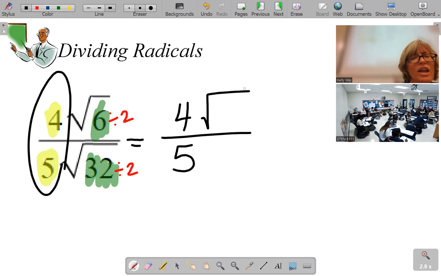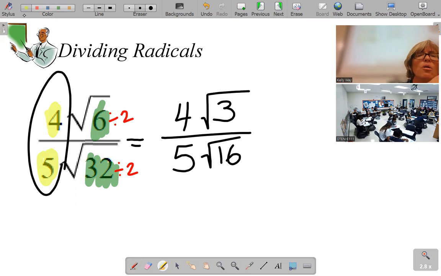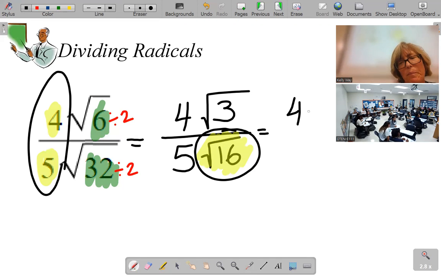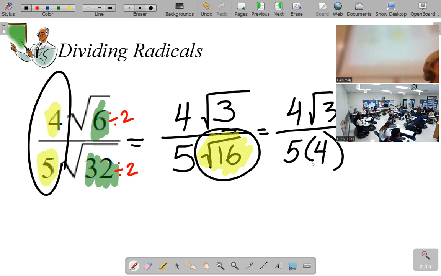Got it. So I have a root 3 and now a root 16. Oh, aren't we lucky? We don't even have to multiply top and bottom by 16. That is a perfect square, friends. The key to multiplying is not multiplying this way.